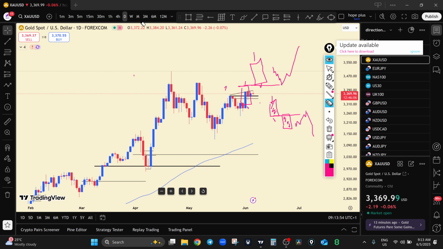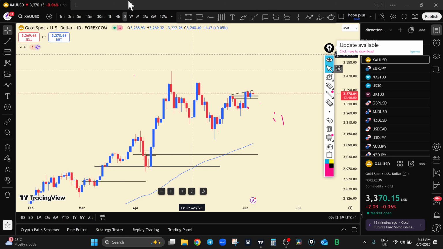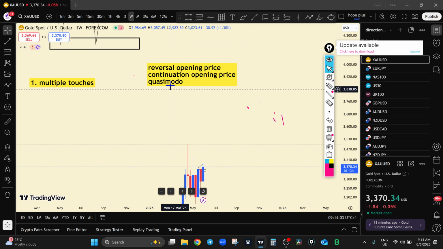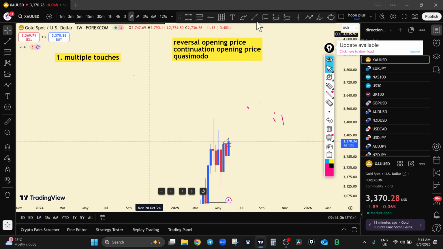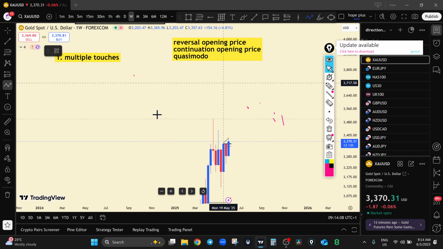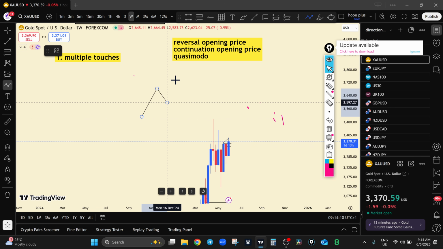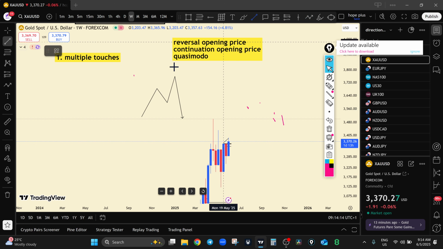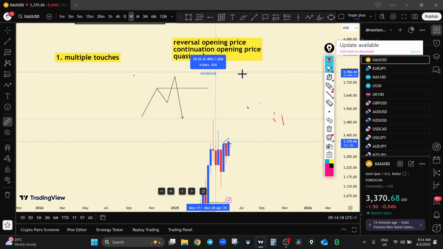The next one is the Quasimodo. Now, Quasimodo is very simple. This is how Quasimodo is. You have the reversal opening price here. The opening price, you mark it out.